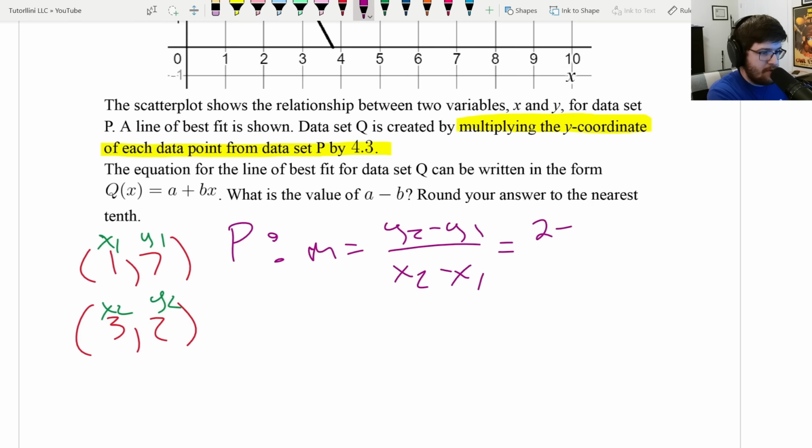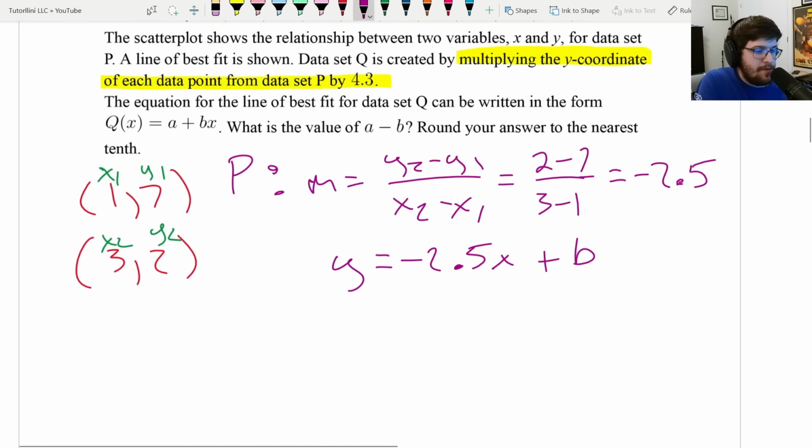And I'm going to do 2 minus 7 over 3 minus 1. That gives me negative 5 over 2, or negative 2.5. And that's the slope, and I'm going to write the partial equation, y equals negative 2.5x plus b.